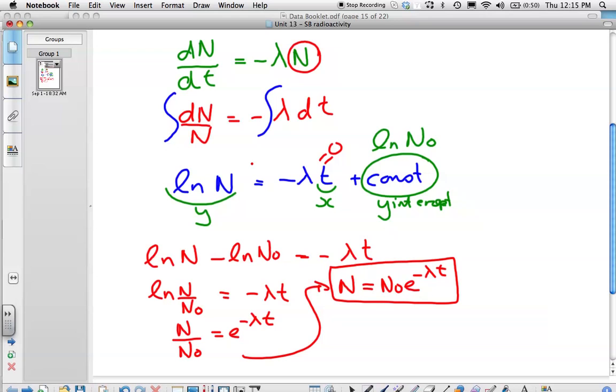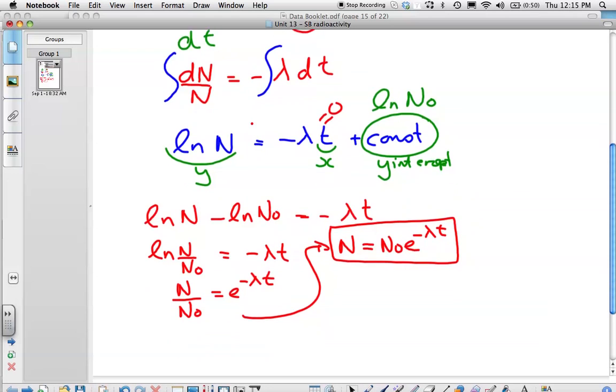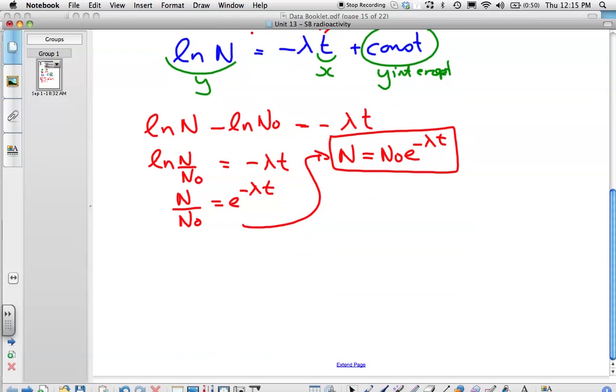Now, let me just take us a little bit further. Now, when we have the situation that t is equal to t to the half, then we know that N is equal to N0 divided by 2, because the half-life is the time taken for half the nuclei that were available to decay.